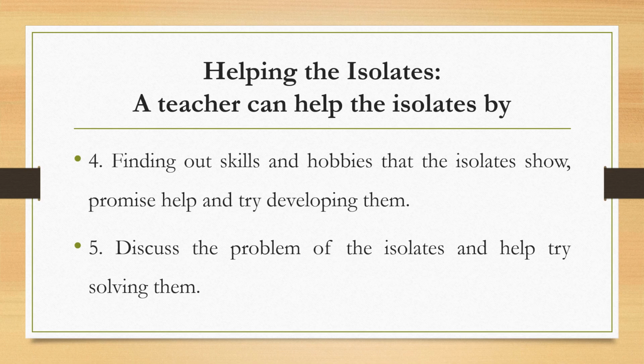Then whenever she is performing better within a particular activity, at that moment everyone else needs to boost her confidence by giving some kind of appreciation for whatever work that isolate is doing. And that is how we can give them tasks in a small group first, and then try to make them come together with a large group also. And that is how we can boost their confidence and make them closer, and help them work with other students also. So these are the different kinds of strategies a teacher could use to help isolates.